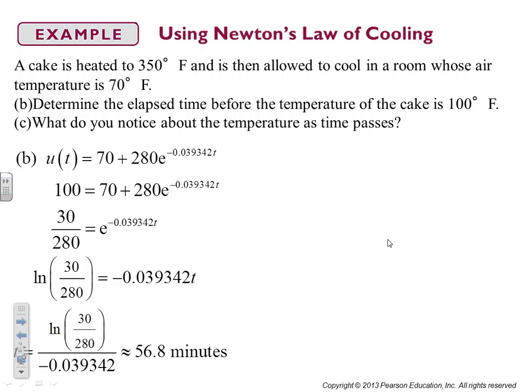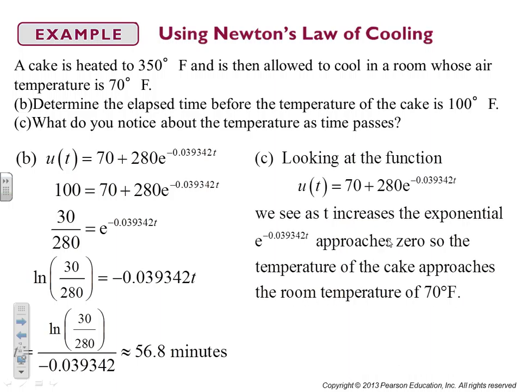What do we notice about the temperature as the time passes? We see as t increases, the exponential e to the negative 0.039342t approaches 0. So the temperature of the cake approaches the room temperature. Does that make sense?